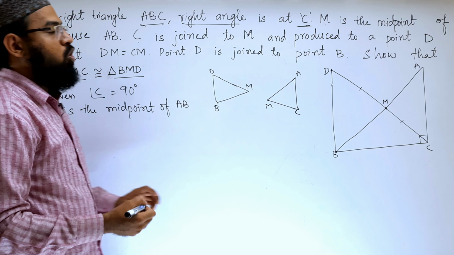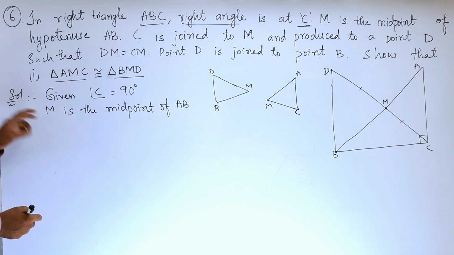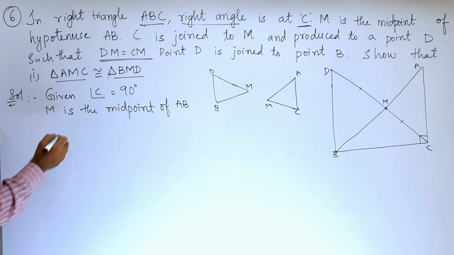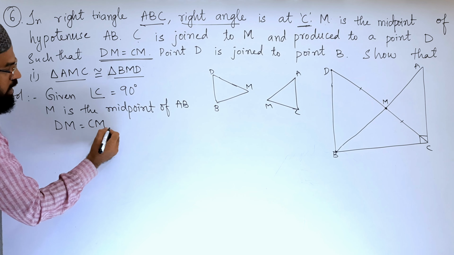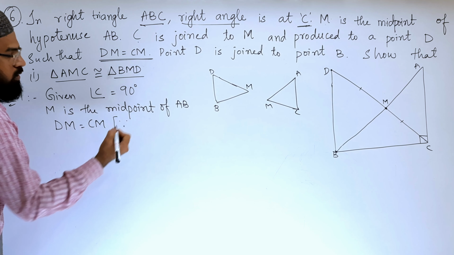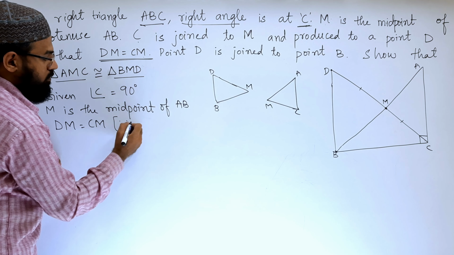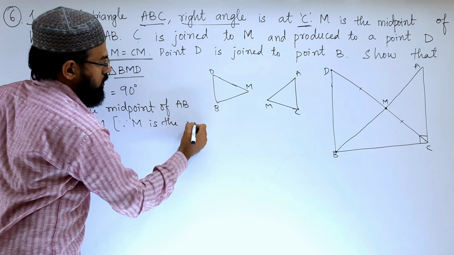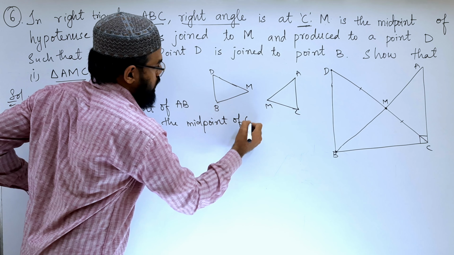Next, it is already given that CM is equal to DM, or you can say DM is equal to CM. That means, again, M is the midpoint of CD.